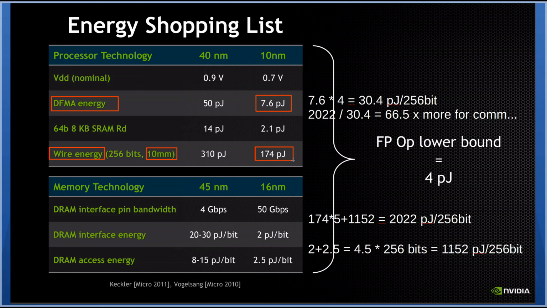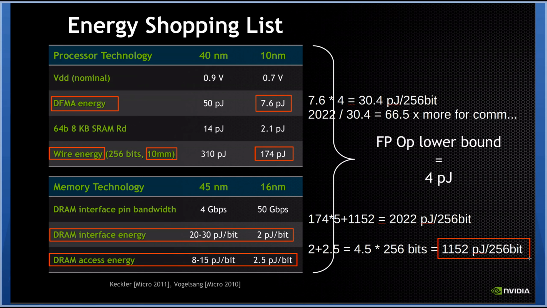So do not underestimate the access to the memory. You can see the DRAM interface energy and DRAM access energy per 1 bit. If you multiply it by 256 bits, it's a lot of energy compared to a 256-bit calculation. So the communication to the memory costs a lot of energy.